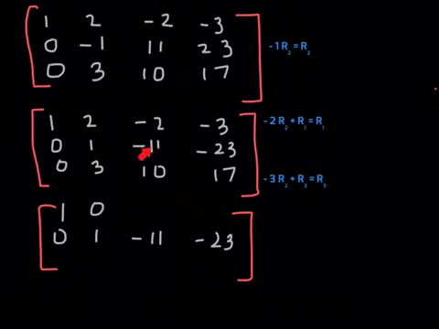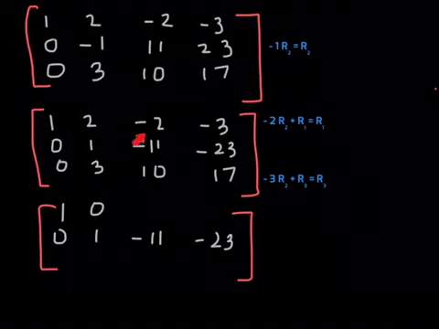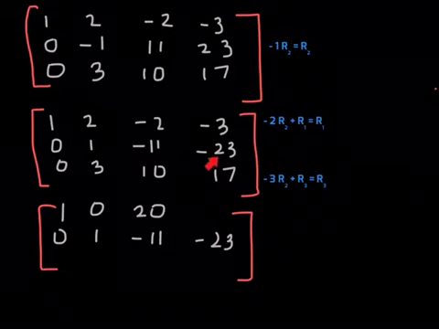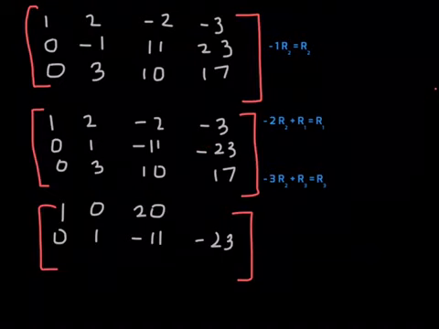Negative 11 times negative 2 is positive 22. Positive 22 plus negative 2 is 20. Telling you, this whole process is just arithmetic, critical thinking and arithmetic. Negative 23 times negative 2 is 46. 46 plus negative 3 is 43. Okay, there's my row 1.